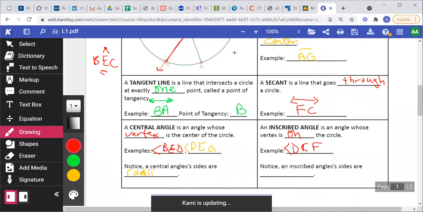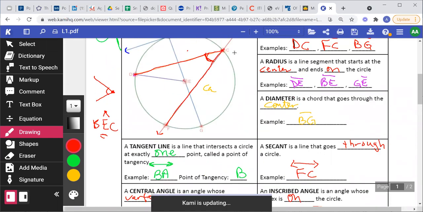Notice that an inscribed angle's sides are chords and a central angle's sides are radii. When you join two radii together, you form a central angle. When you join two chords together, you form an inscribed angle.